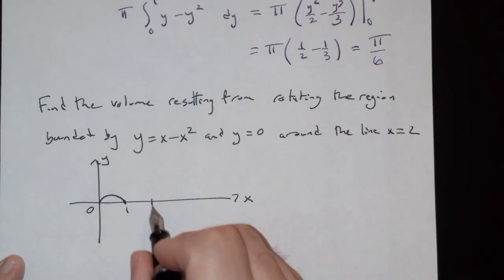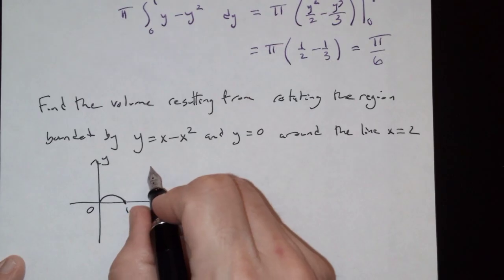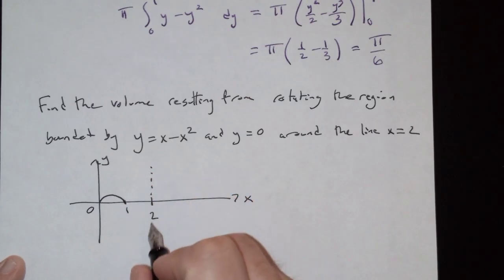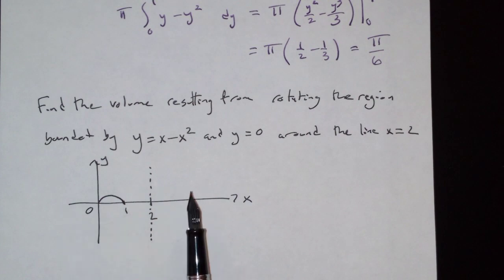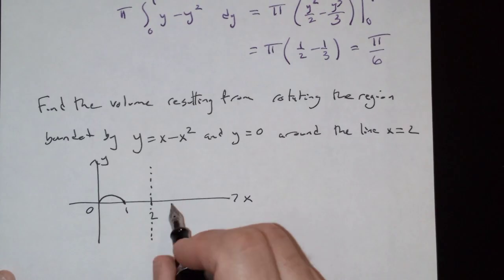But I'm rotating it around this line. So when I spin this, it's going to go this way. It's going to move from the left to the right. And that means this piece is going to end up over here somewhere.